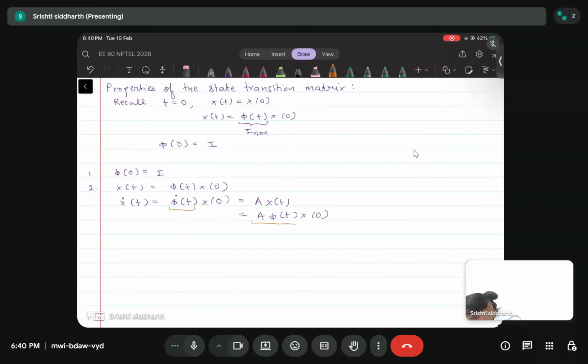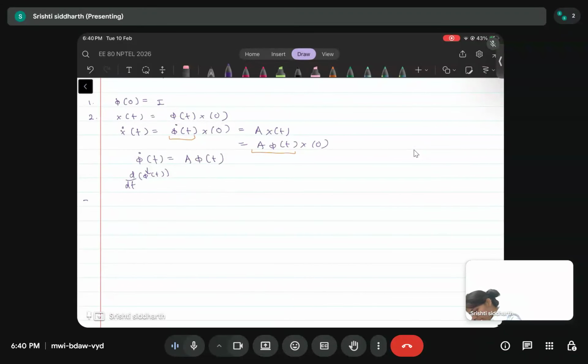Comparing the matrices which are multiplied by the initial state, we get phi dot(t) is A phi(t). This is the derivative of phi. Alright. The next property is that, let's say that x dot equals Ax, and at time t equals 0, this is x0.